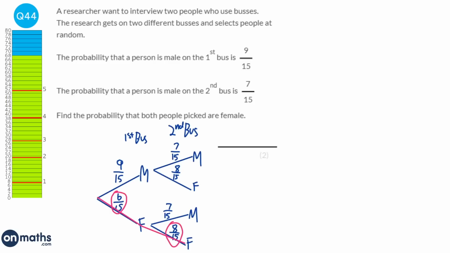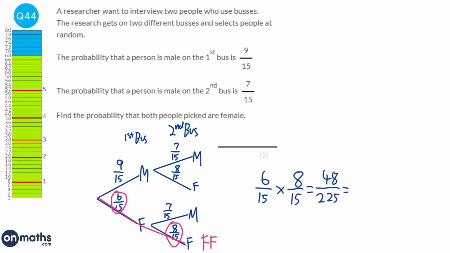So whenever you're finding the probability of getting to an outcome, so this outcome will be FF, because they're both female, you are multiplying the fractions that you go across. So it would be 6/15 times 8/15. 6 times 8 is 48, and times the bottoms, 15 times 15 is 225.